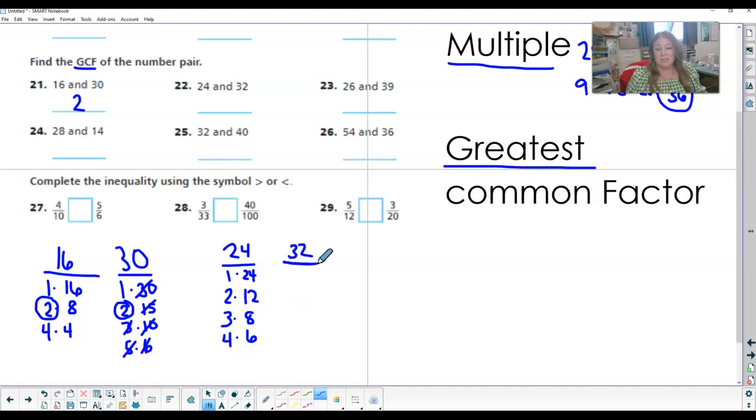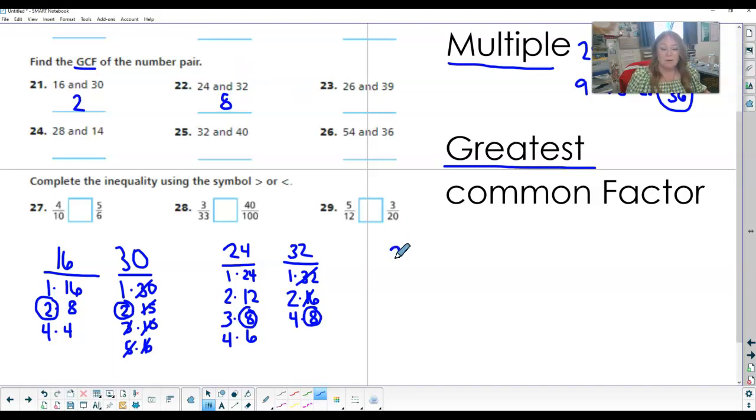And then we have 32. 1 times 32. 2 can because it's even, and half of 32 is 16. 3 can't. 4 can. 4 times 8. 5 can't. 6 can't. 7 can't. We already have 8. So now I'm looking for the biggest one they have in common. It's not 32. It is not 16. Oh, but they do both have 8. So 8 is their greatest common factor.